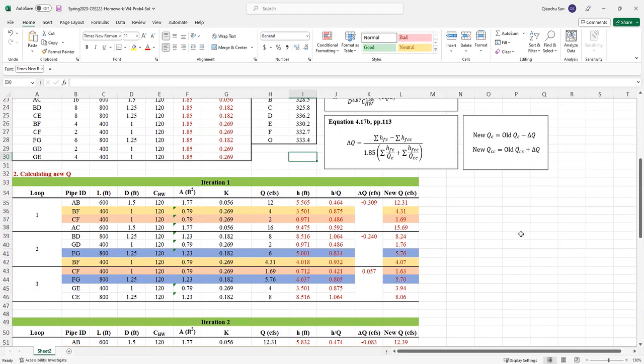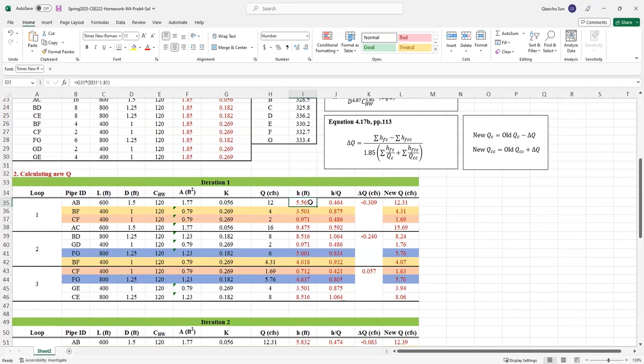Let's take a look at the first iteration in loop 1. After we get the value of K, we can calculate the friction loss in each pipeline.